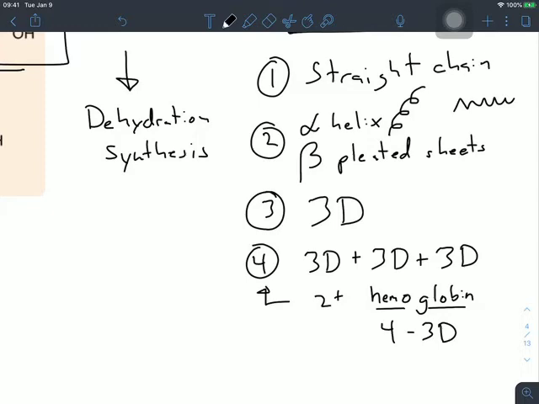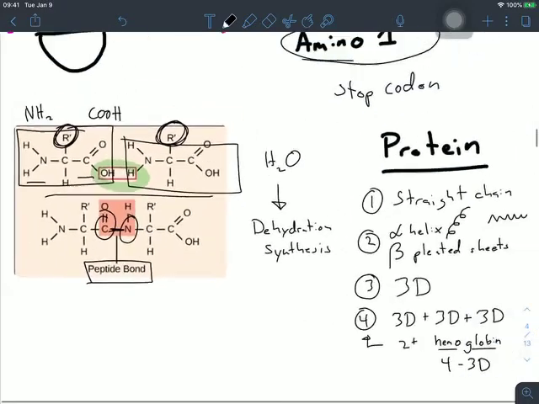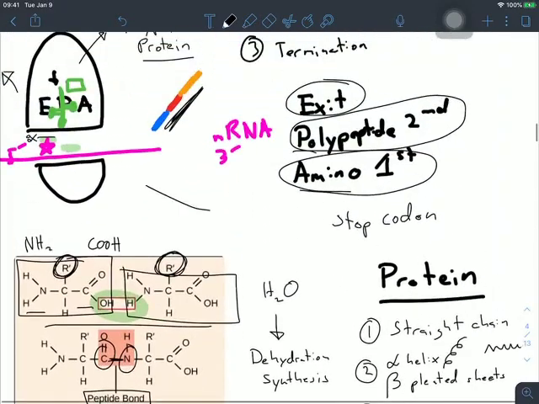So likely the protein that you hopefully are familiar with, because it's grabbing all of the oxygen that you're breathing right now, is actually a combination of 4 different amino acid chains that were each synthesized in separate translation reactions. And so that's where we'll end the lecture today.